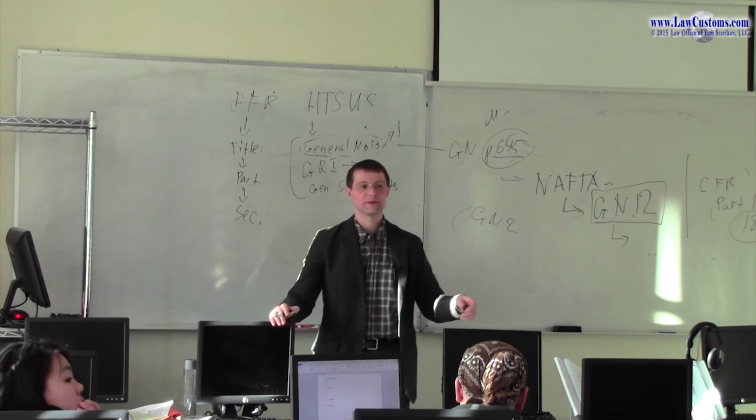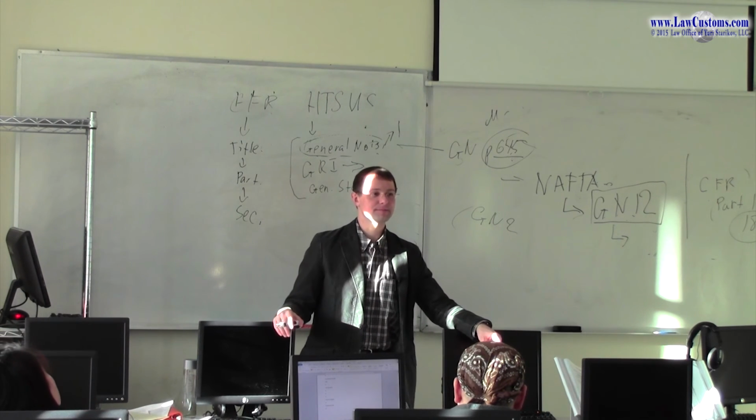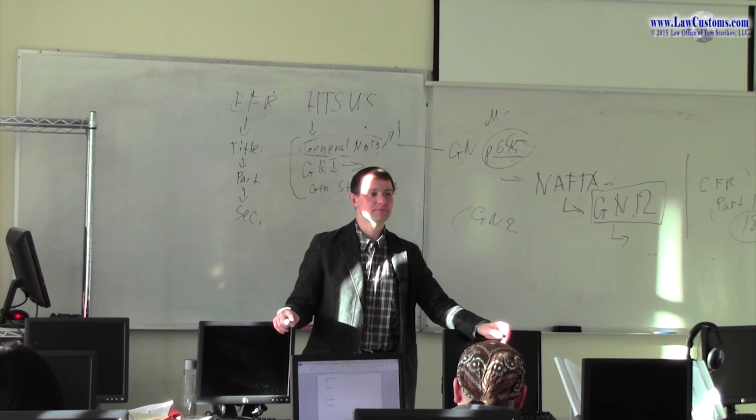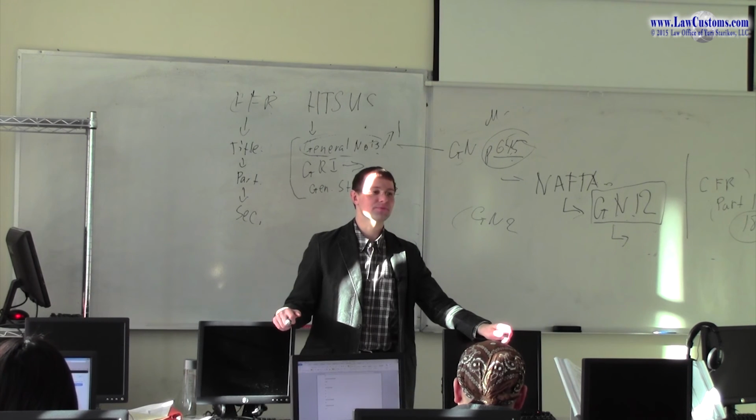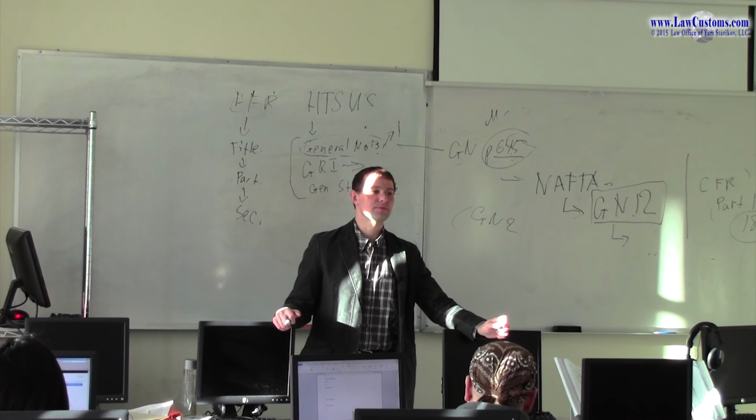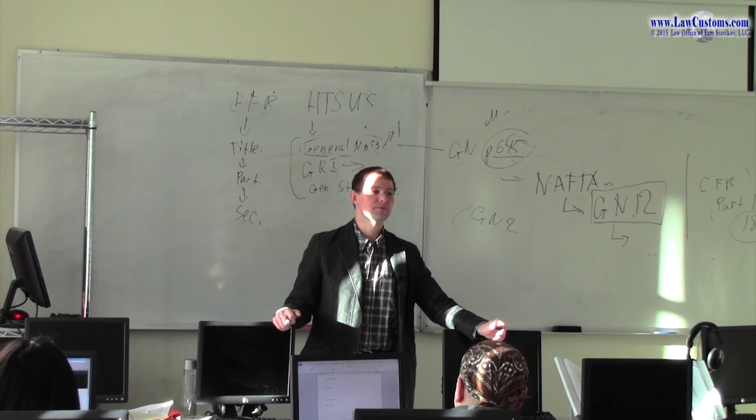I'm looking at the general notes on the internet, but when I click on 12, it doesn't say 12 when you open it. Yeah, is this the official USITC website? Probably, yes, usitc.gov. That means they didn't provide a good hyperlink.